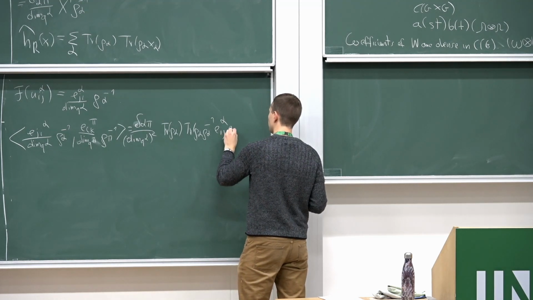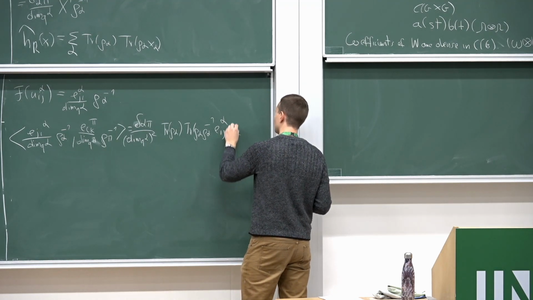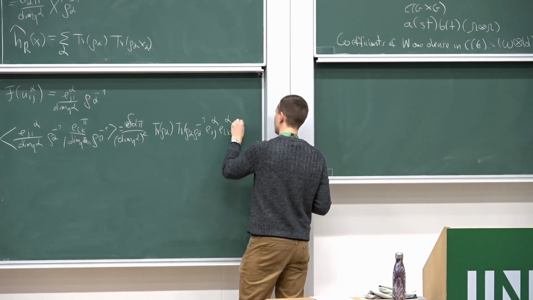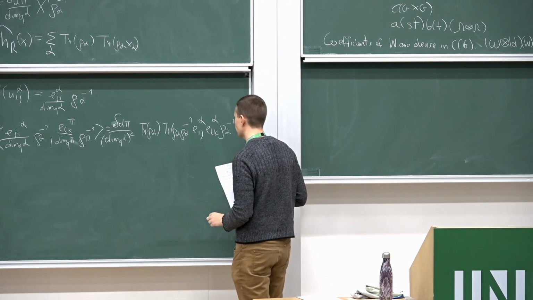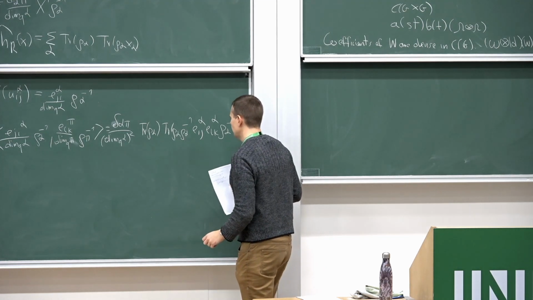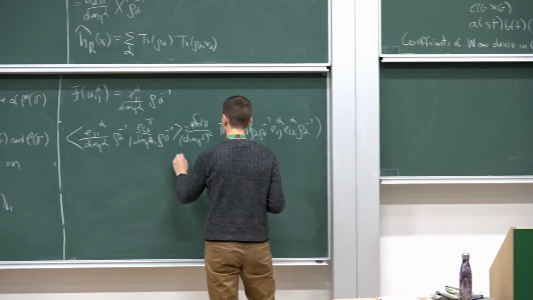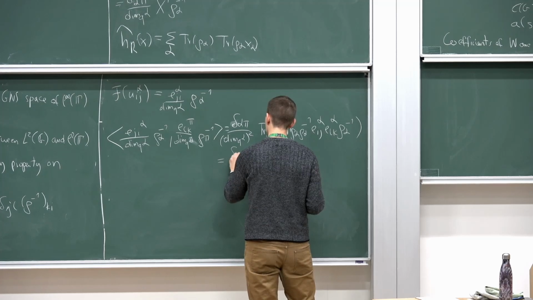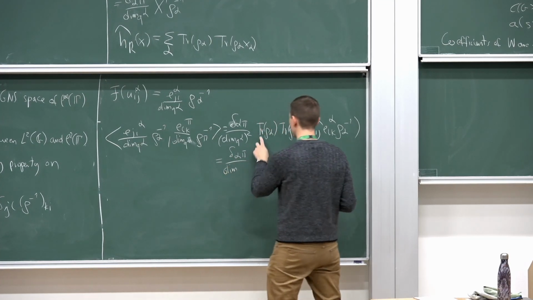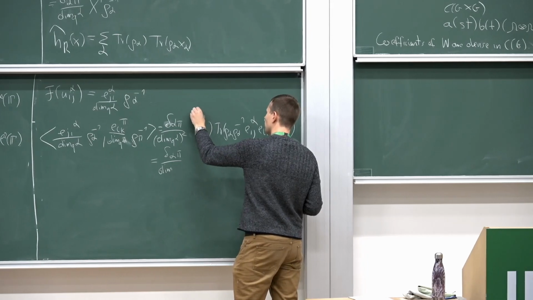We get E_LK alpha, rho alpha inverse. Which is delta alpha pi over the dimension. So this is the quantum dimension as well.